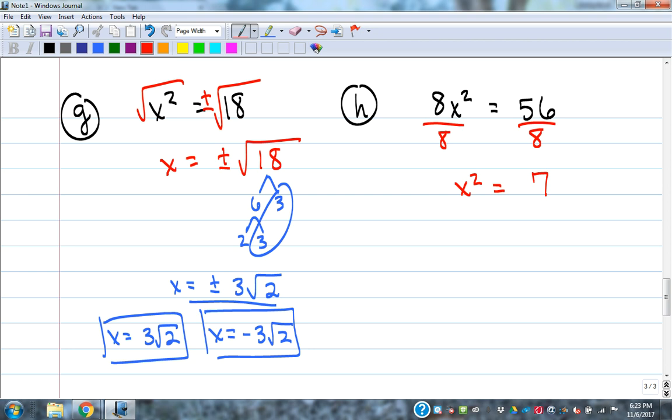So we undo the squaring of x by taking the square root of both sides, plus or minus on the side with a number. Don't forget your plus or minus. Left side, the square root of x squared is x. Right side, 7. Does it break down any? So we're just going to leave it plus or minus the square root of 7. So x equals positive square root of 7. x equals negative square root of 7.